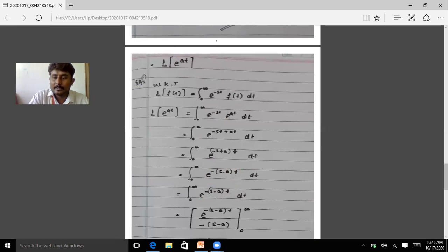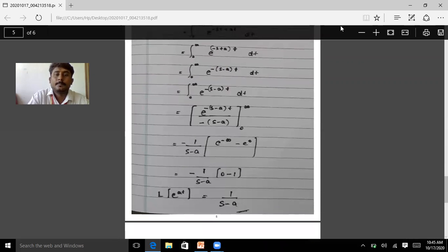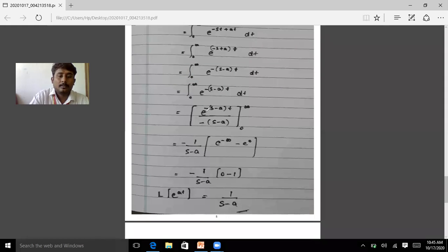When we apply the integration here, we will get integration of e to the power minus of s minus a into t, and the constant term minus s minus a becomes the denominator. Okay, this is a constant, so we will take it outside: 1 divided by s minus a into this function.